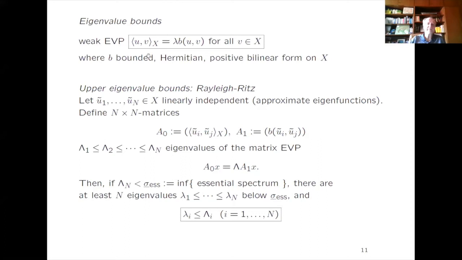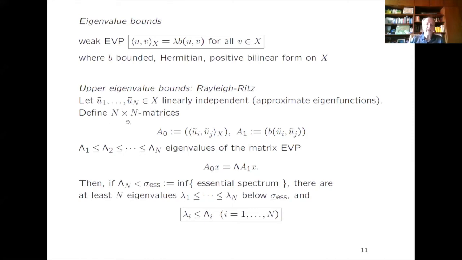So that's our problem, and there is a very easy access to getting upper bounds to the eigenvalues, which is as follows. Suppose we have computed approximate eigenfunctions. These eigenvalue bounds are of course done by computer assistance, I should have said that. So suppose we have computed approximate eigenfunctions u1 tilde to uN tilde in our space X, and they are linearly independent.